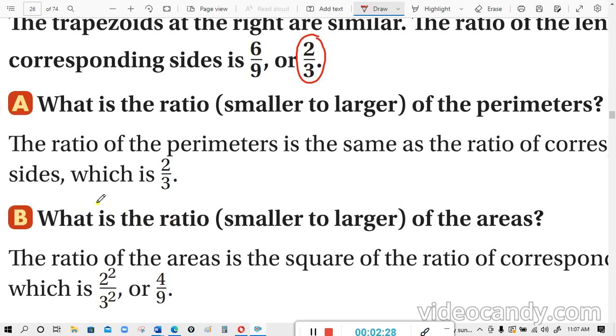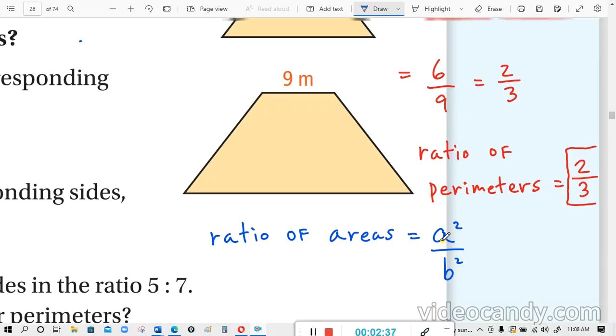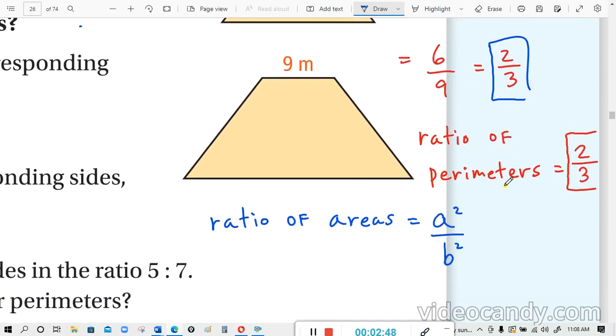Now for part B, they want to know what is the ratio, smaller to larger, of the areas. For the areas, you take the ratio of the side lengths, or the scale factor, same thing, and you square the numerator and denominator. So we're going to do that with 2/3.